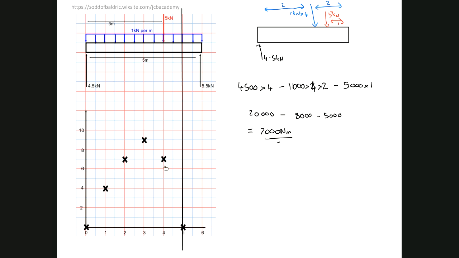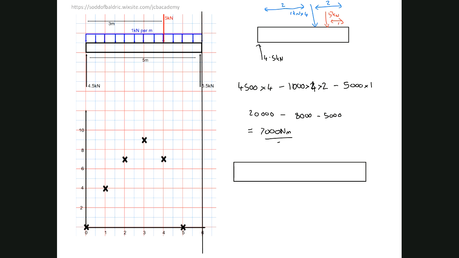this point here. And finally, at the 5 meter point at the very end of our beam, we should be getting a bending moment of 0. So let's just test that. So now our beam, let's just draw the beam again. Now what we've got is 5k acting at 2 meters.